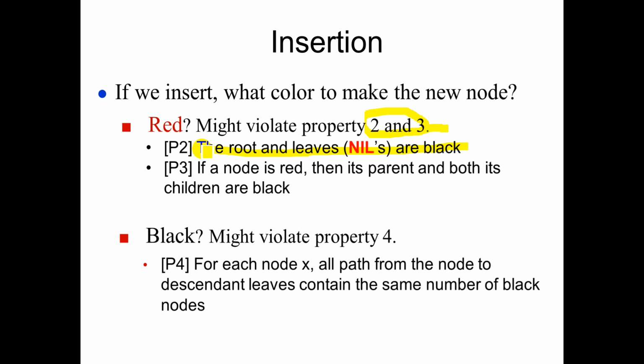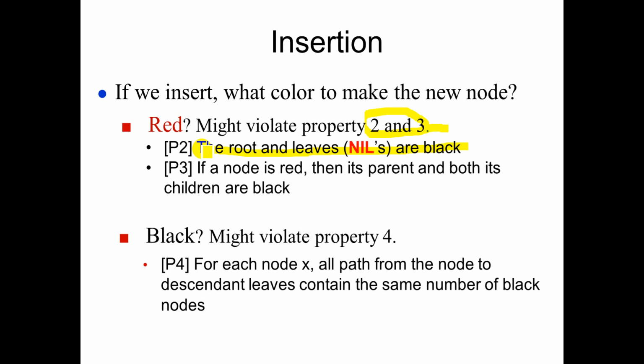So it is violating property 2. One more thing, if a node is red, then both its parent and its children are black, but its parent may be red. When you are adding or inserting a node, it may happen that its parent is red. So it may violate property 2 and 3 if we set the color of a new node red.